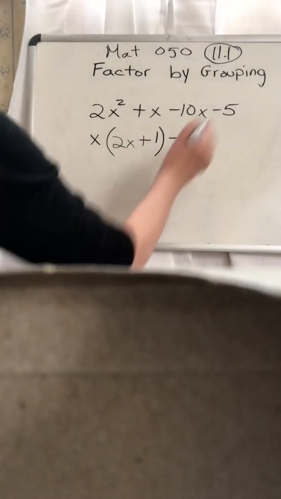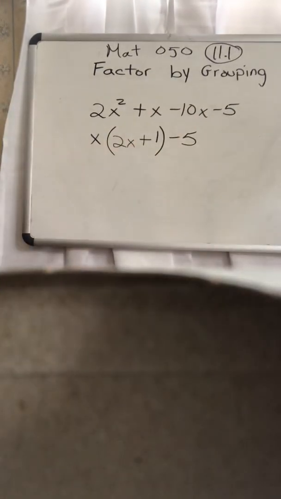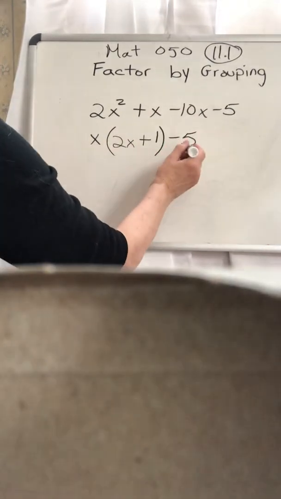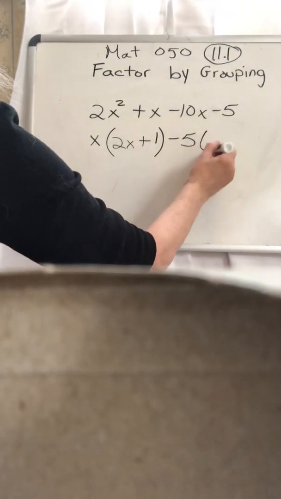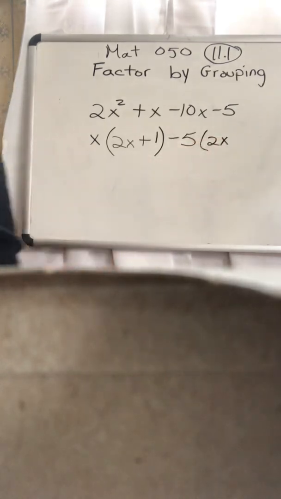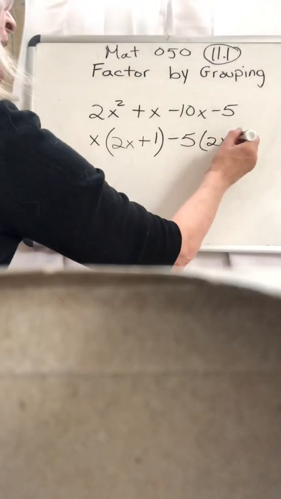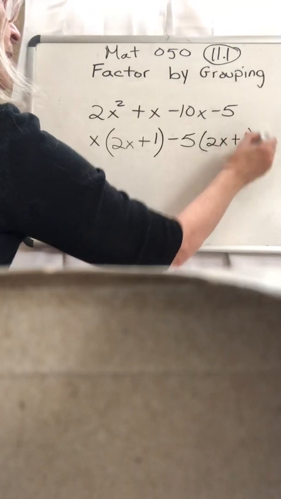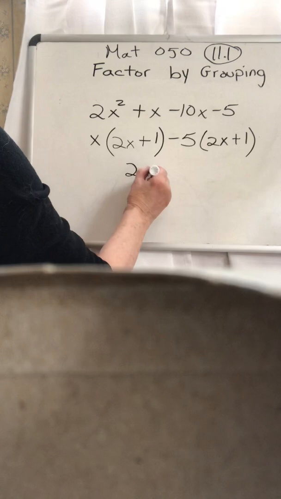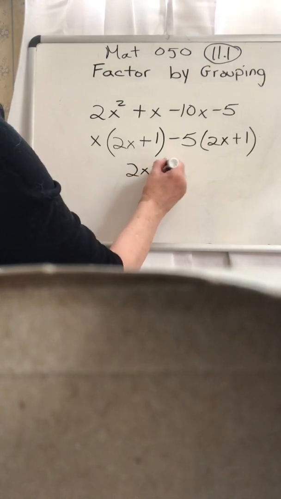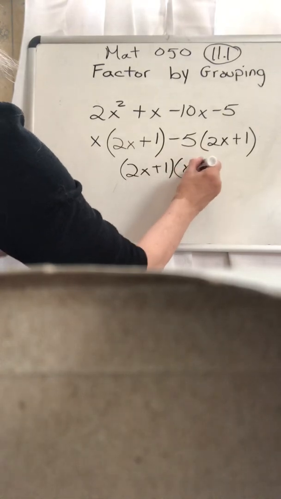Okay, these have a 5 in common, and I bet you guys saw that. So a negative 5 times what would give me a negative 10x? It would have to be a positive 2x. A negative 5 times what would give me a negative 5? It would have to be a positive 1. So we have our common binomial factor of 2x plus 1. And then we also have the x minus the 5.